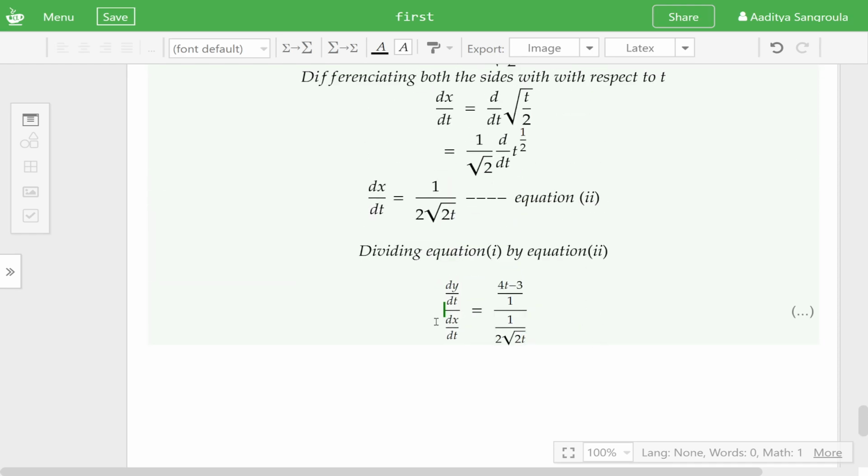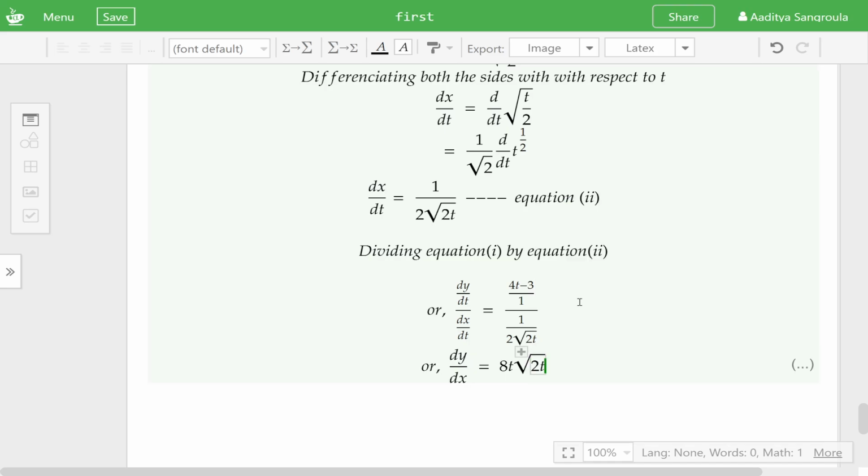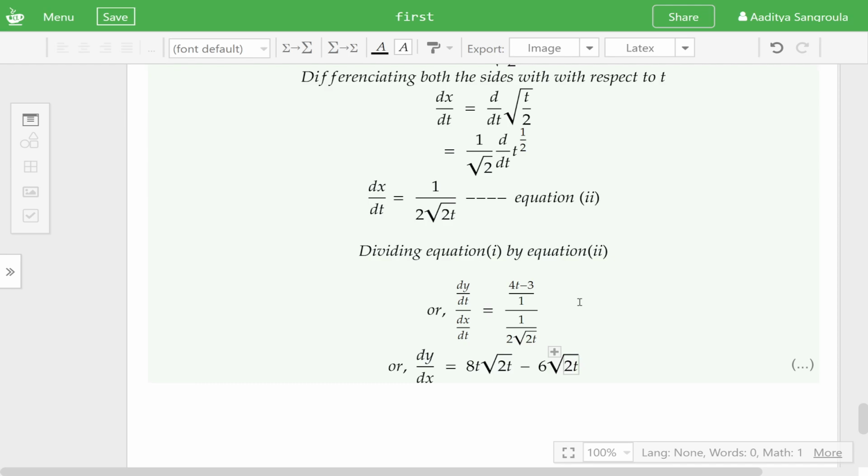We say or, and if we do this way, dt's get cancelled out and we get dy over dx, which is equal to 8t times the square root of 2t minus 6 times the square root of 2t, right?